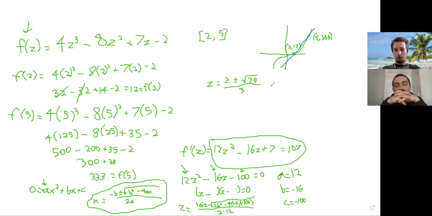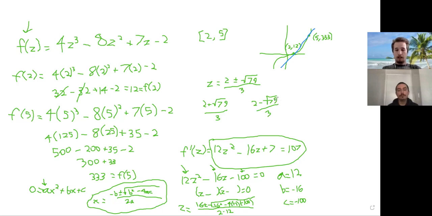2/3. So what this is equal to, because we have two solutions, we have 2 plus square root of 79 all over 3 as one solution, and then 2 minus square root of 79 all over 3.